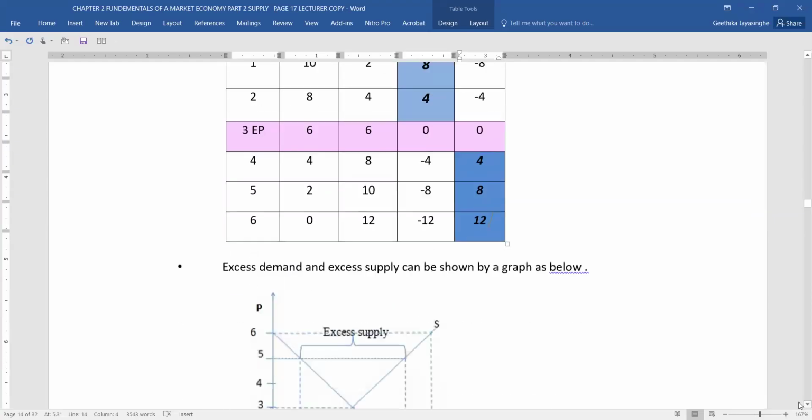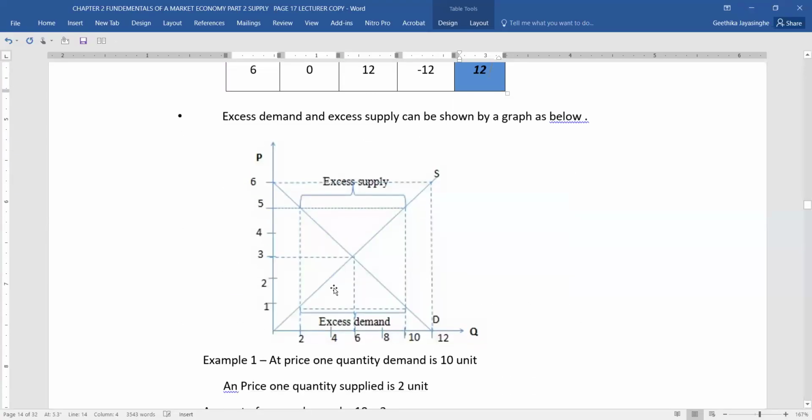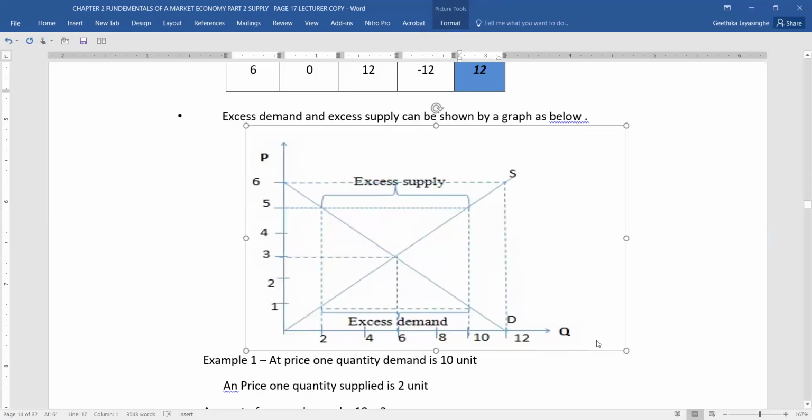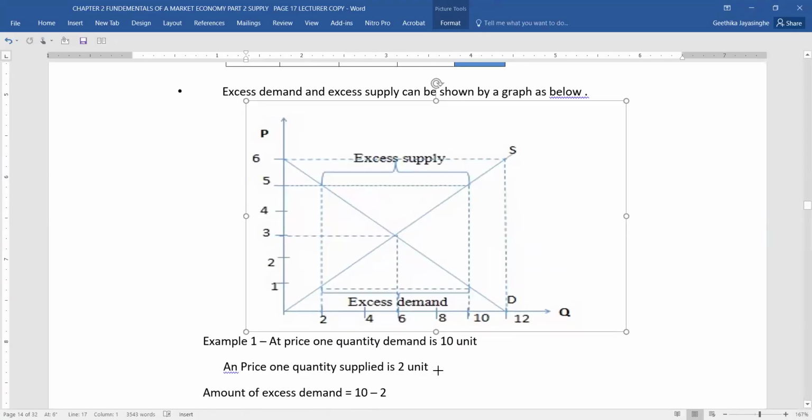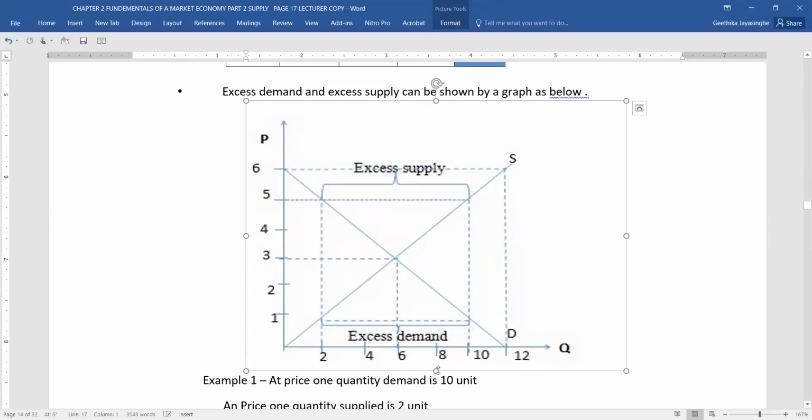Okay, draw that properly, or it is already there. Let me explain, or just draw it beautifully. So you can see the same graph. These are the quantities 2, 4, 6, 8, 10, 12. These are the prices 1, 2, 3, 4, 5, 6, 7.